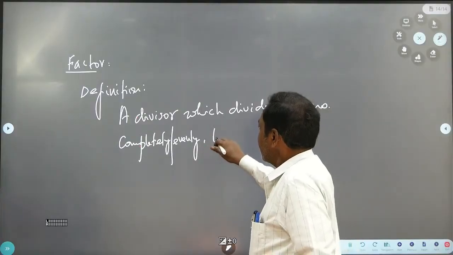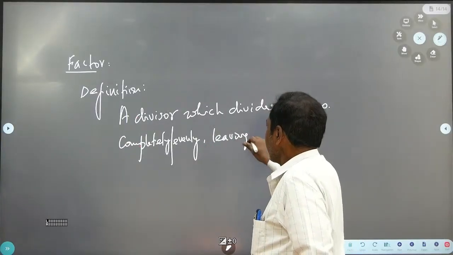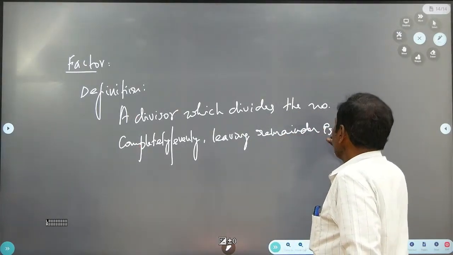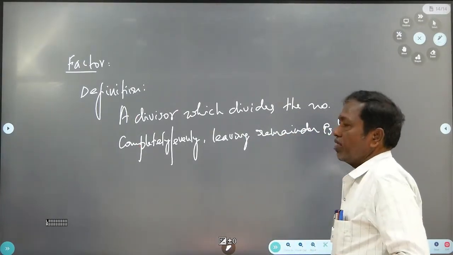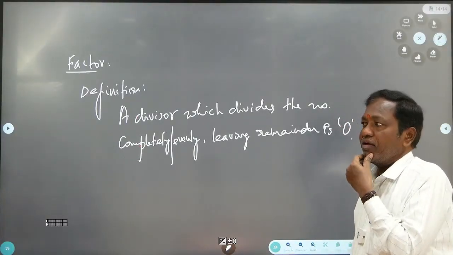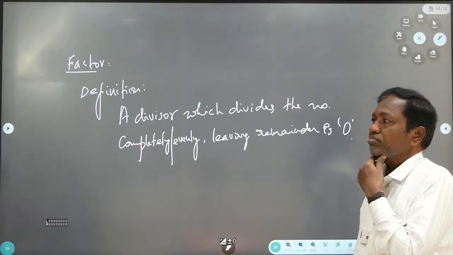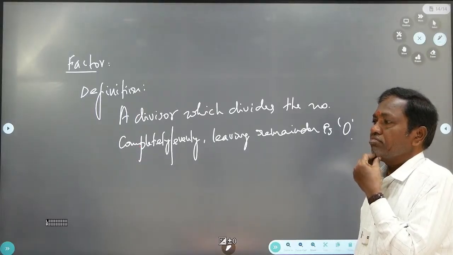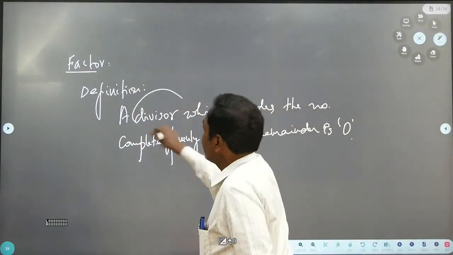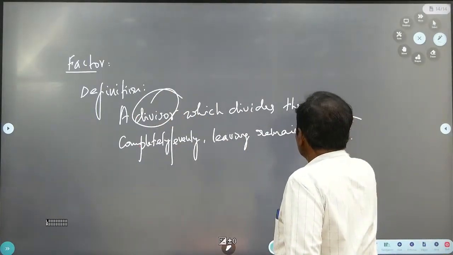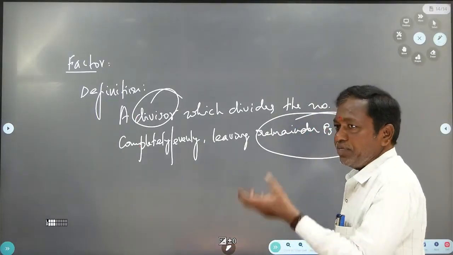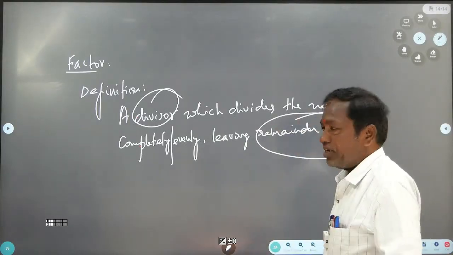Completely, leaving remainder 0. That's known as a factor. So you can say a divisor leaving remainder 0. So a certain number has to be divisible by a certain divisor completely, in other words.